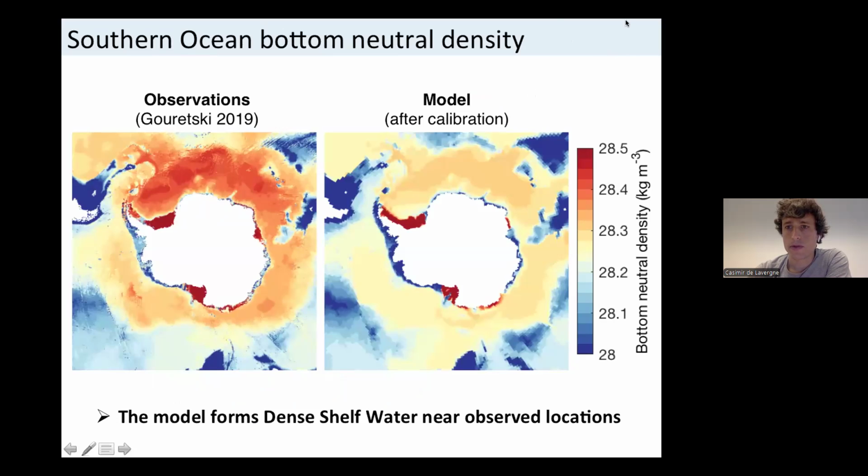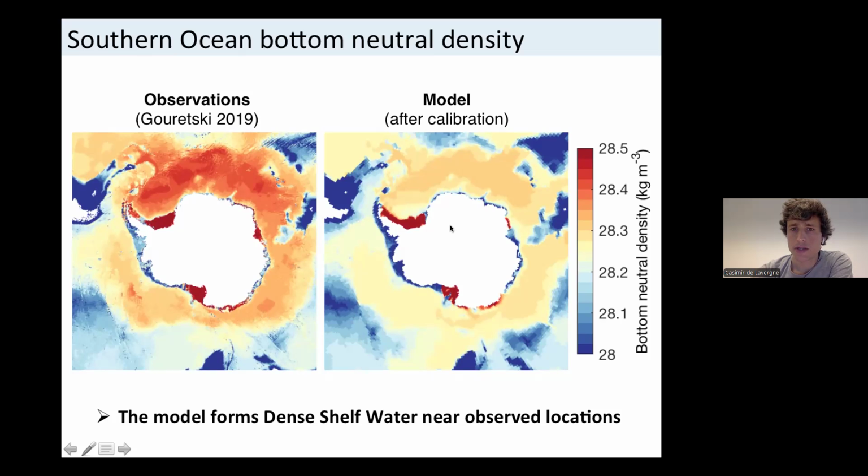So perhaps a good surprise, but I'll go quick here. A good surprise was that we seem to get fairly realistic Antarctic bottom water formation on the shelves. This is illustrated here. You have the bottom neutral density in the observational climatology on the left and the model equivalent on the right. Essentially, you get bottom densities above 28.5, so this is typically dense shelf water, in 4 regions, which are the same 4 regions where we know we have Antarctic bottom water formation in the real world.